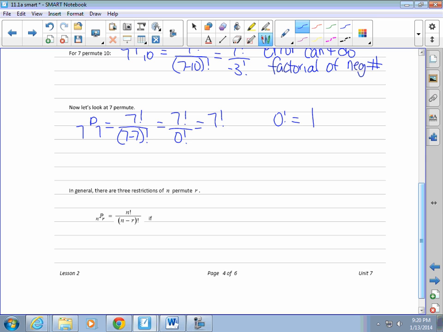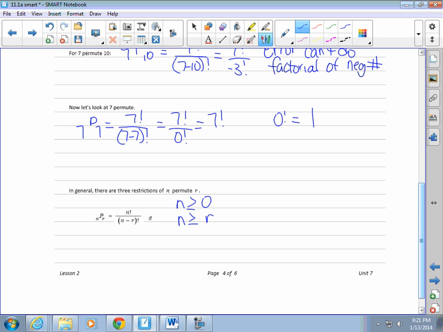So it says, in general, there are 3 restrictions of n permute r. If we have n permute r, or NPR, which is expanded as n factorial over n minus r factorial, you can do this if your n is greater than or equal to 0, your n has to be greater than or equal to r.